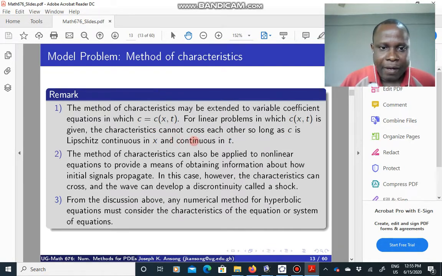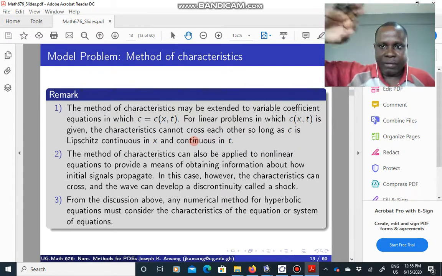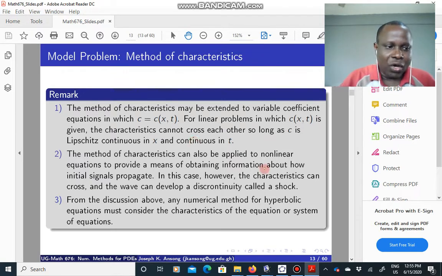For linear problems, the characteristics do not cross each other, so you just have lines or curves that do not cross. When you are dealing with non-linear problems, those characteristics can cross, and you get what is called a shock. But it's a powerful method which can be used to tackle some non-linear problems.